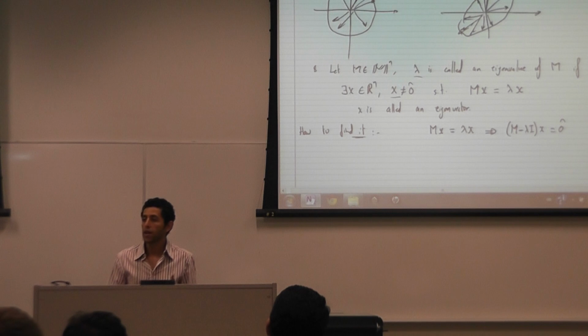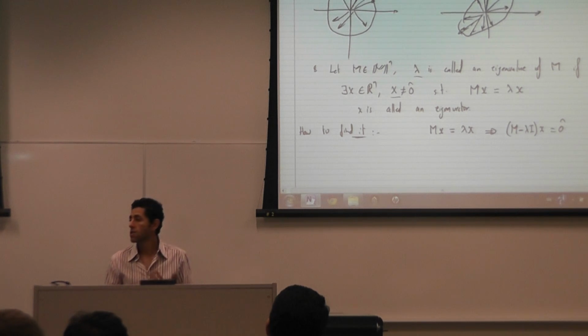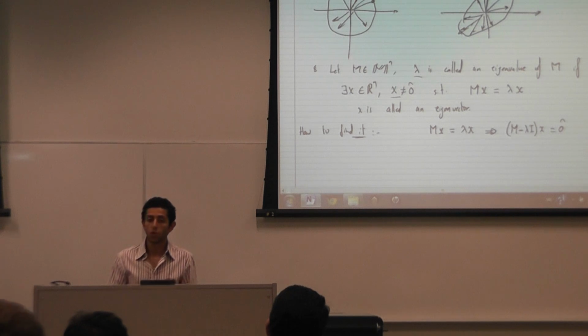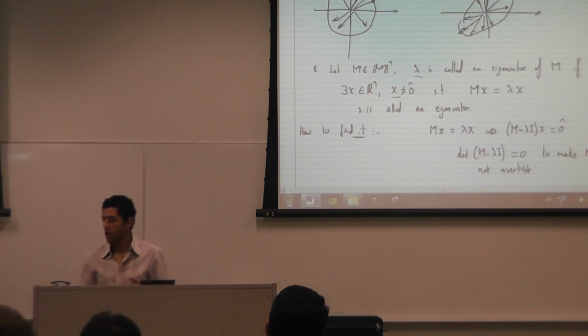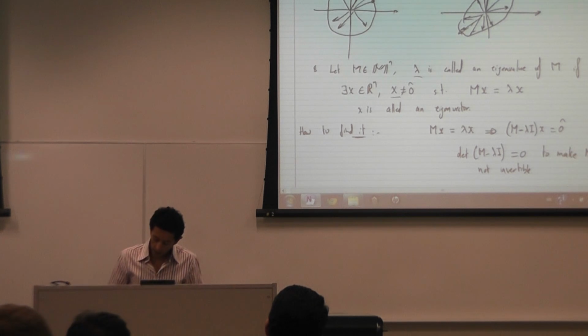Then I say, okay, let's find the determinant of this matrix, because it's a measure of whether this matrix is invertible or not. And so I take the determinant of M minus lambda I, and I say this is equal to 0 to make M minus lambda I not invertible.